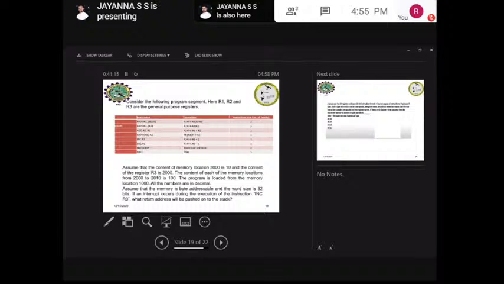We are given the simple program segment, and they also mention the number of words it will take to store in a memory location. Here only I will explain. For example, say these are your memory locations.